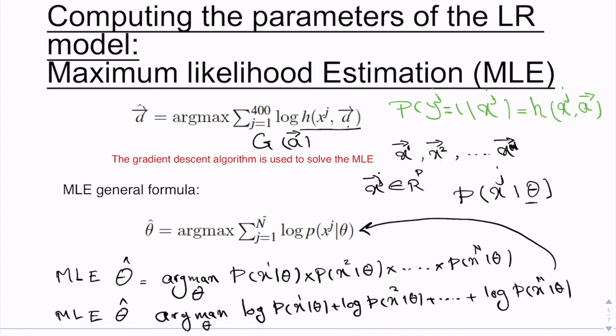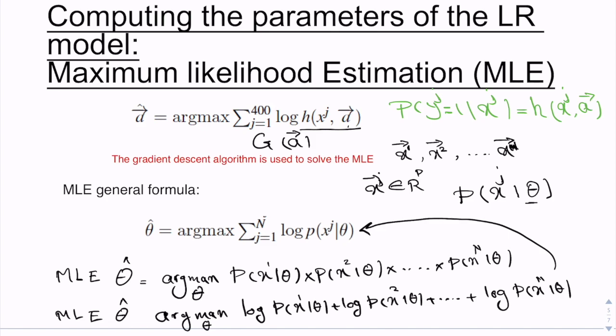We need to apply an optimization algorithm to find the value that maximizes this function. From high school, we know that if you have a function and you want to find the value that maximizes it, you take the derivative, set the derivative to 0, and solve that equation. That gives you the maximum.